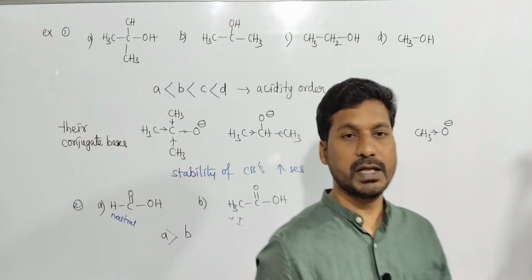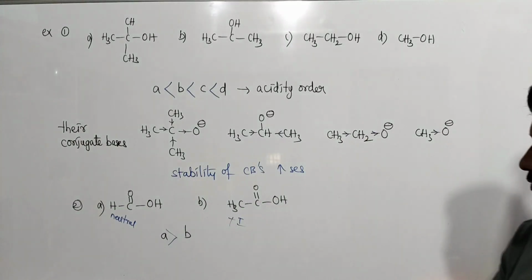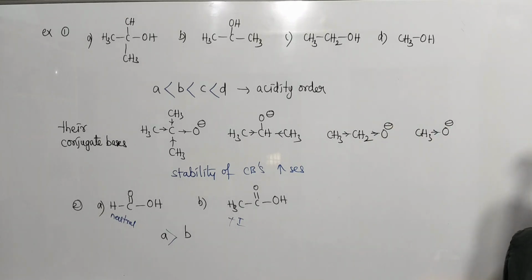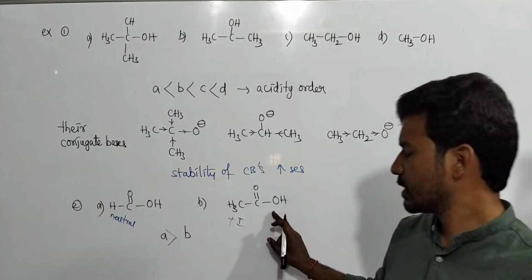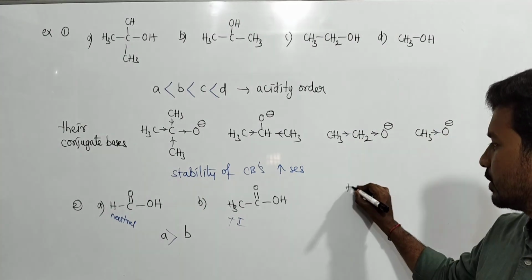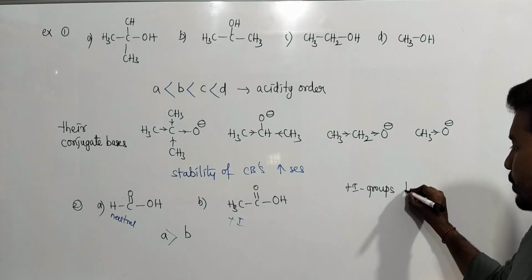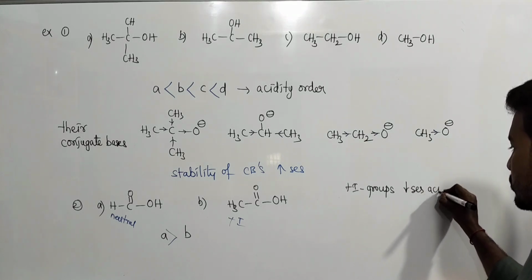Plus I groups decrease acidic strength. Minus I groups increase acidic strength. Plus I groups decrease acidic strength.